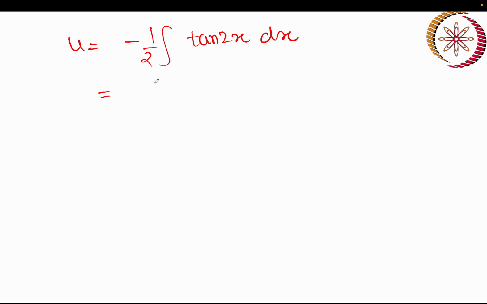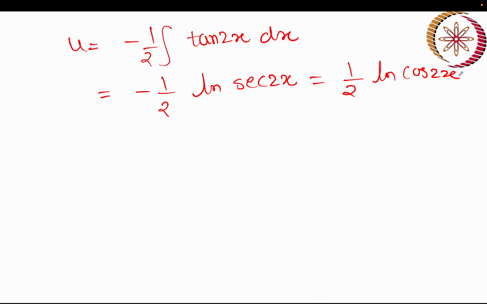Okay, the integral of tan x will be log of sec 2x, and we'll take this minus sign inside, so it will be log of cos of 2x. Okay, so we got u. That is good. We'll find out v now.